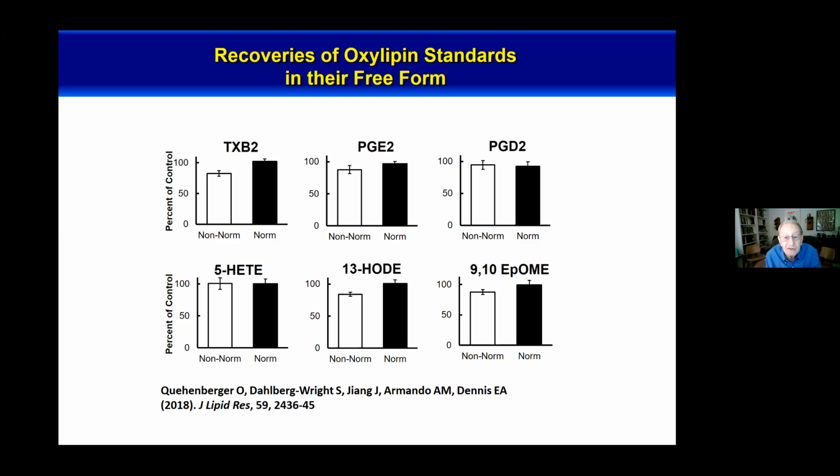So for thromboxane, PGE2, PGD2, we get 100% quantification by normalization with the internal deuterated standards for losses in extraction and other procedural aspects. In contrast, this is for free form without alkaline hydrolysis.